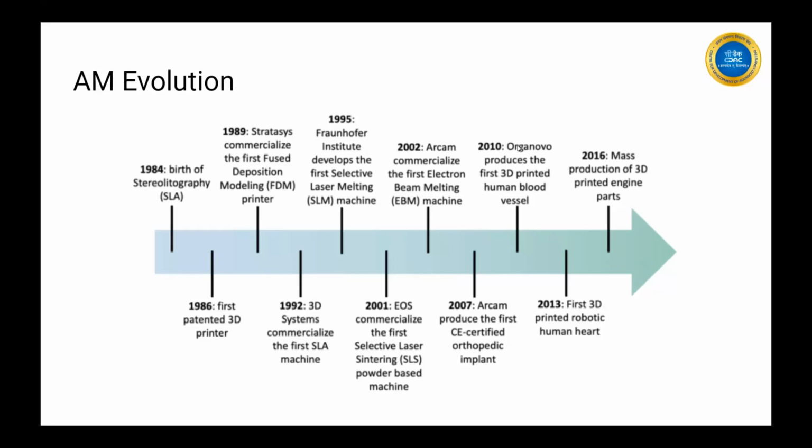And in 2010, a company called Organovo made the first 3D printed blood vessel. And in 2013, the first 3D printed human heart was made. And in 2016, even mass production using 3D printing was started.